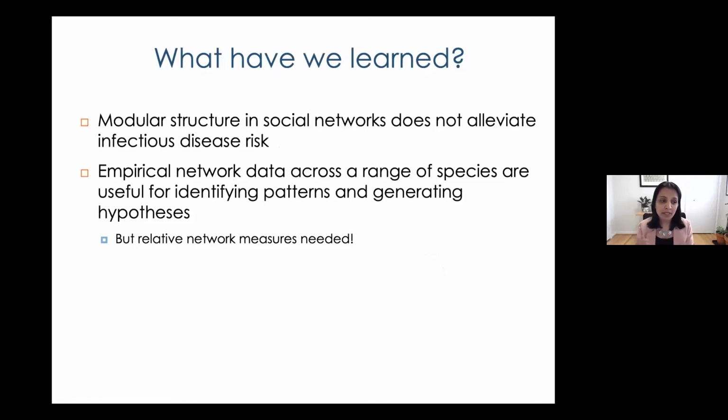But we do hope with this study that we were able to show that looking at empirical network data across a range of species and using that to identify patterns and generate hypotheses can be quite effective, as long as we have a way to compare across those network systems, where the data have been collected in different ways and the network structure varies.